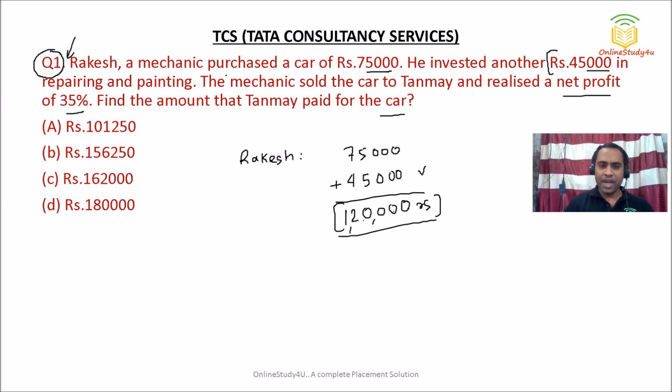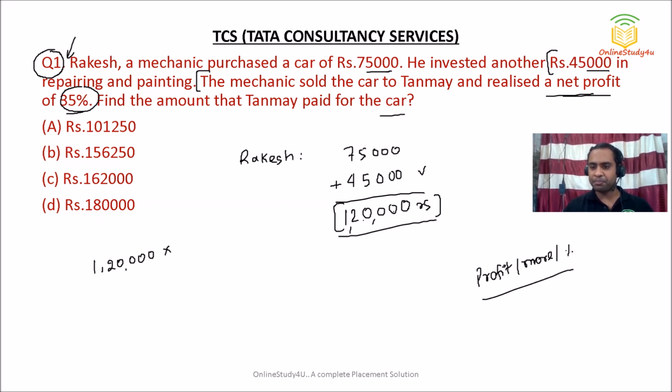Now he is going to sell this car to Tanmay, and he is getting a profit of 35%. So it's a simple question. I have told you multiple times, if there is any kind of percentage profit or percentage increment, you need to add it to 100.